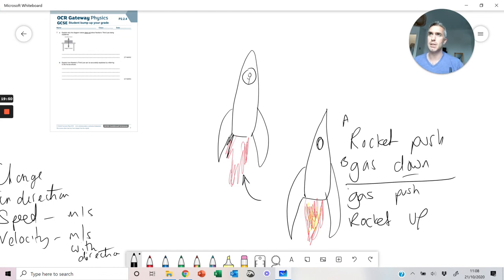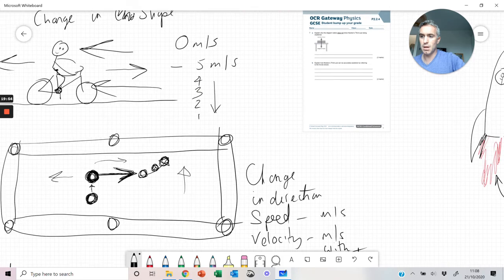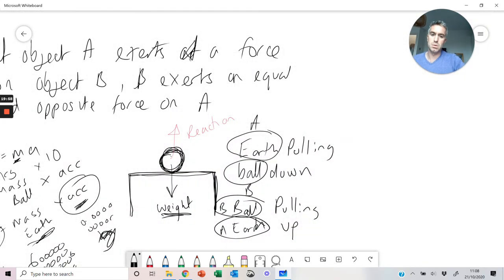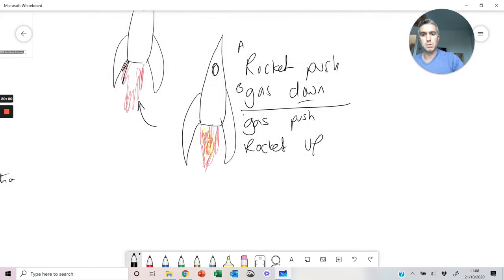Now, like the example over here, where was it? We have the Earth and the ball. The Earth pulls the ball, the ball pulls the Earth, but the ball is so light and the Earth is so heavy, you don't really notice the effect on the Earth. In this situation, it's similar.